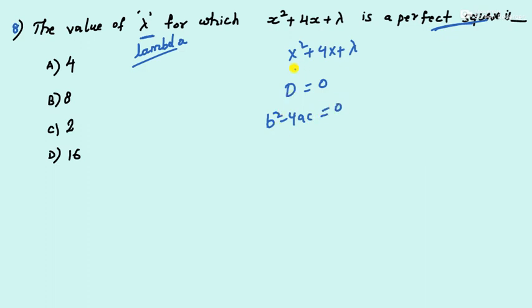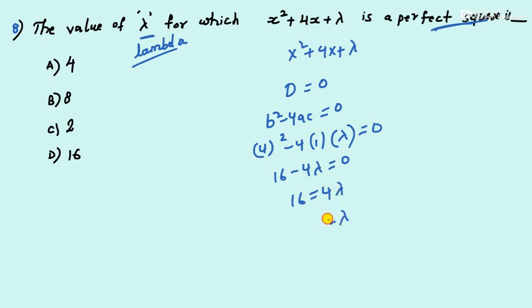So when we substitute, what is b? It is 4 square minus 4 into, what is a? 1. What is c? Lambda, which is equal to 0. So this becomes 16 minus 4 lambda equals 0. So 16 equals 4 lambda, so lambda is equal to 16 by 4, which is equal to 4. So the answer is A, 4. Got it? It's a very simple question.